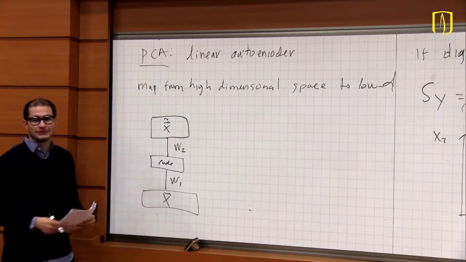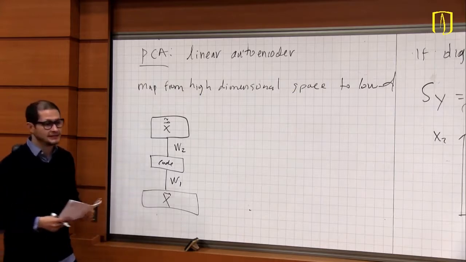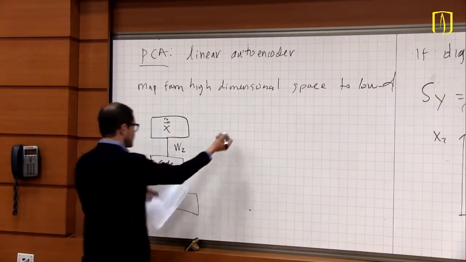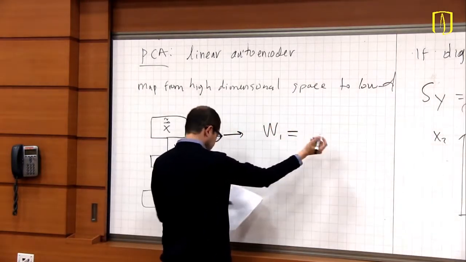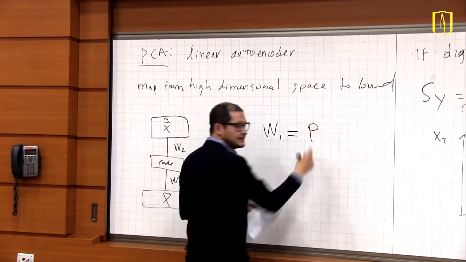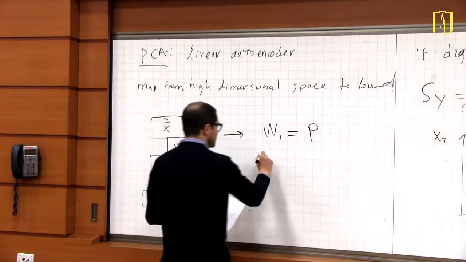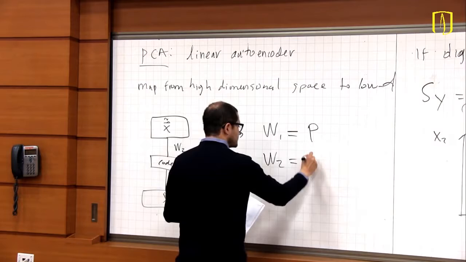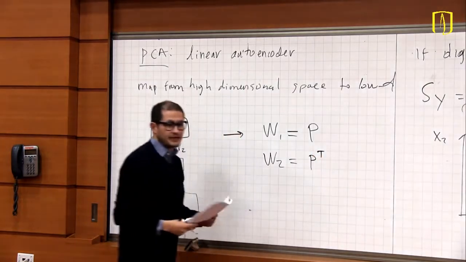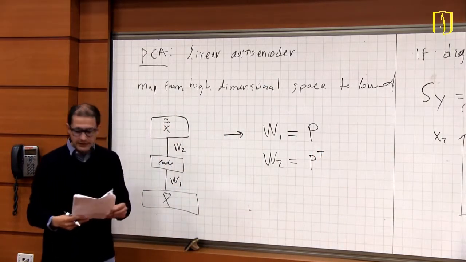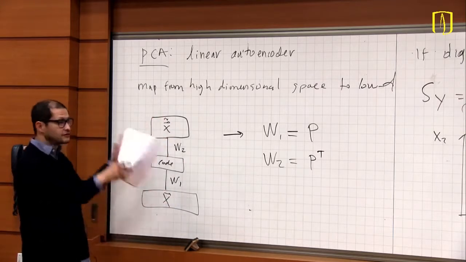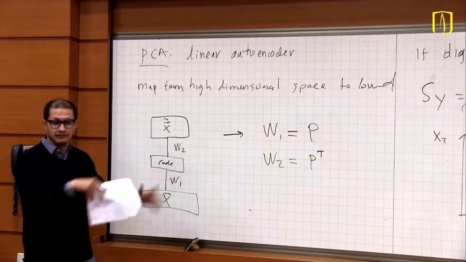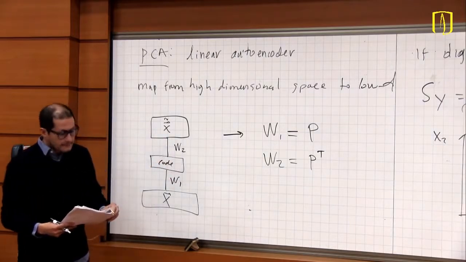Then you're doing exactly PCA. What you find is that W1 turns out to be P, the principal components, and W2 is P dagger, P transpose. So that's a third kind of interpretation out of which you can start the whole thing and get to the same point.